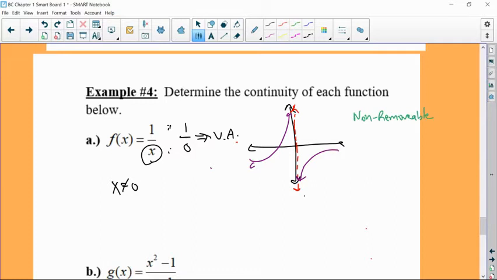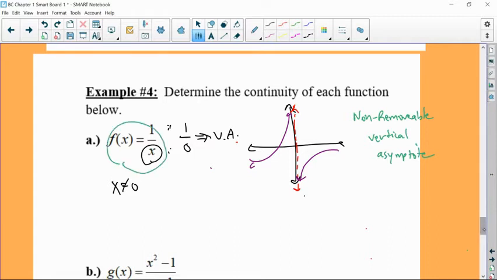And what kind of discontinuity is it? It's a vertical asymptote. You should recognize that just by looking at the function and being familiar with that particular function.